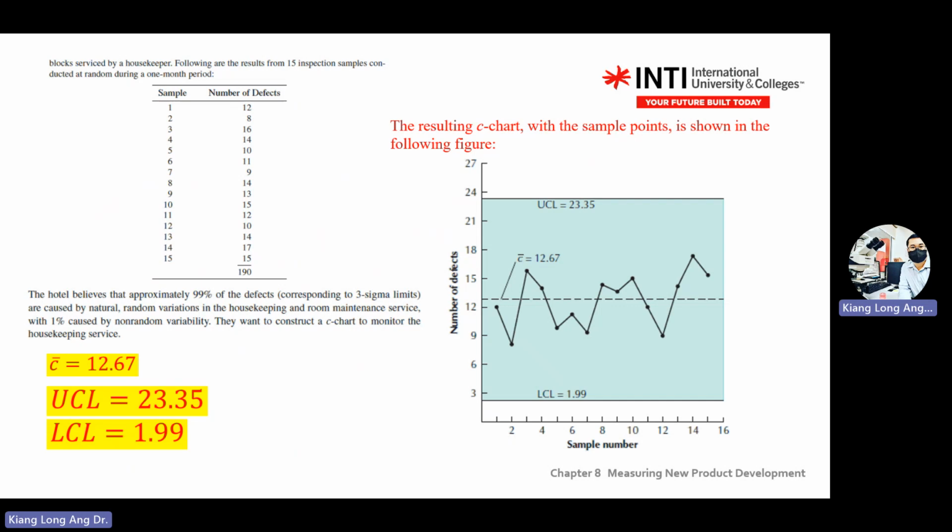As you narrow down the percentage, narrow down the sigma to 2 sigma, 1 sigma, then your process will be more and more strict. If you have 1 sigma, the limits will be around here, so some points will be out.